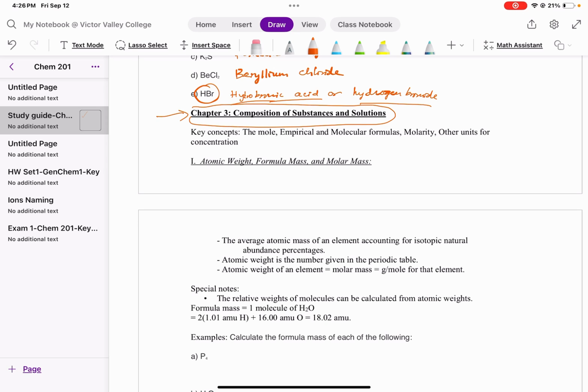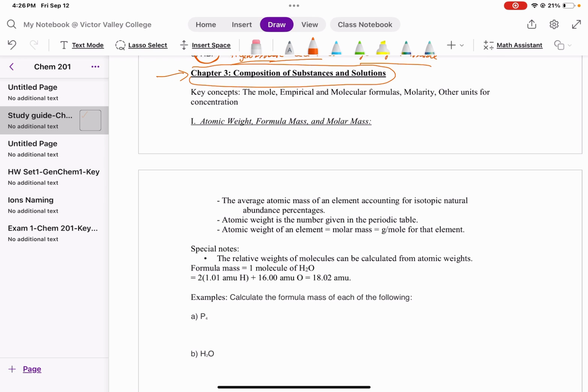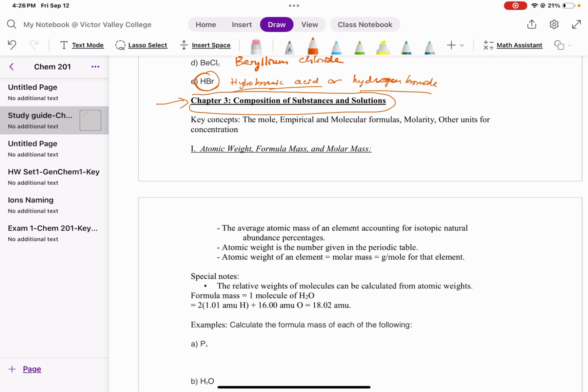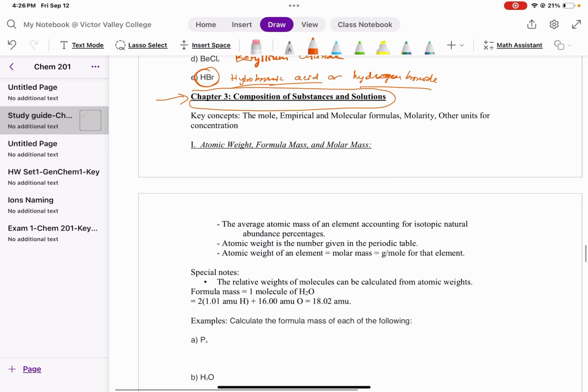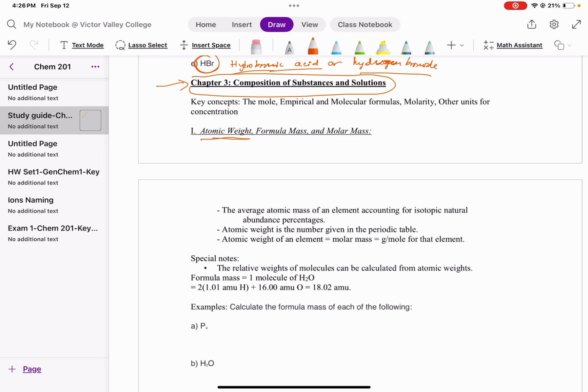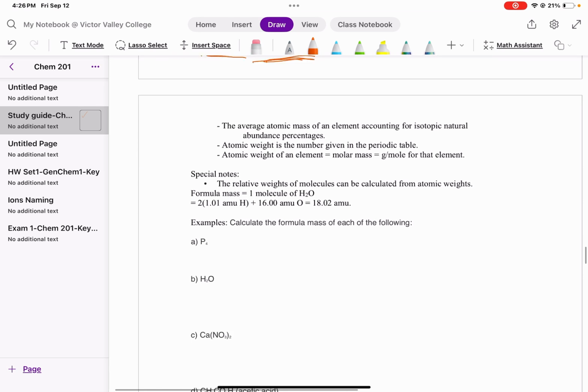Now, it's a good idea to have a periodic table with you because it will come in handy. This is General Chemistry 1, Chem 201, by the way. We need to look up the atomic weight for each element to figure out the formula mass and also molar mass. All right, let's get right onto it.